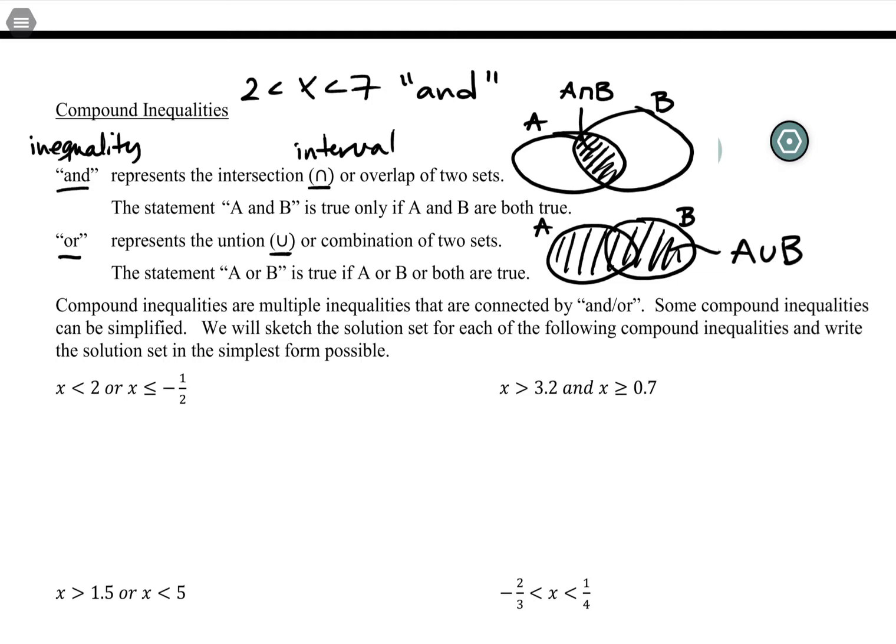So what we want to do is look at our inequalities, and I think a number line, a graphical look at those things, is one of the easiest ways to pick out where's the intersection, where's the union. And one thing that we're going to be trying to do is see if we can write them in a little bit simpler fashion. So mostly they're going to start out as an and or an or, and sometimes you can write that in a shorter way.